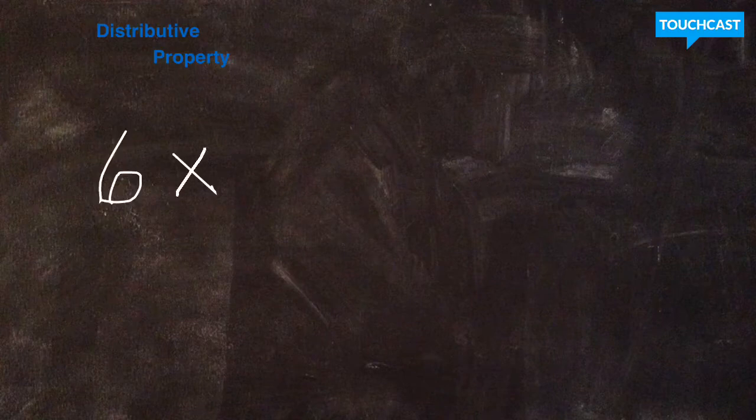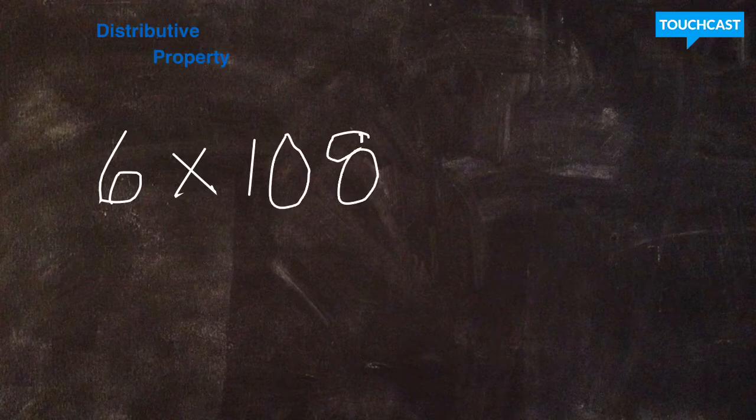If you can remember, the distributive property is decomposing a number, multiplying those parts, and then adding them together. So let's say we take the factor 6, and we multiply that by 108.